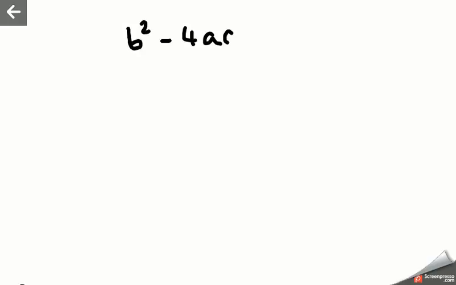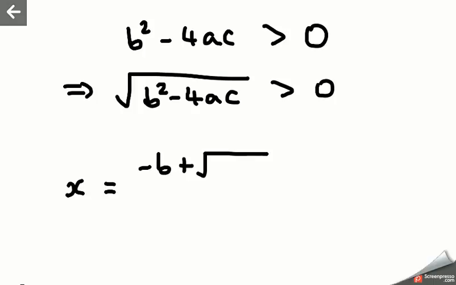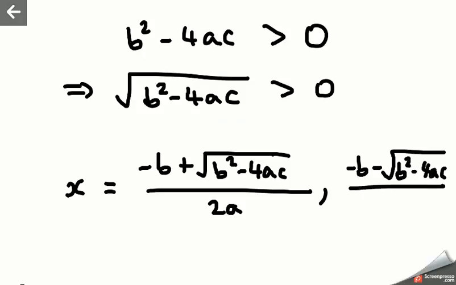And we know that when b squared minus 4ac is bigger than 0, then you're going to be adding and subtracting something to x. If b squared minus 4ac is bigger than 0, then the square root of b squared minus 4ac is also bigger than 0, and hence x equals negative b plus the square root of b squared minus 4ac divided by 2a, or x equals negative b minus the square root of b squared minus 4ac divided by 2a.